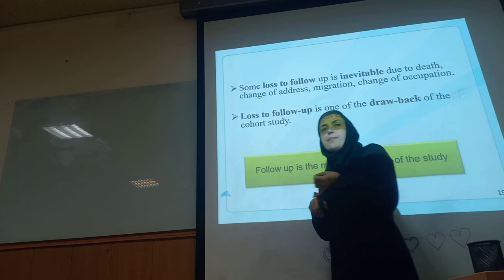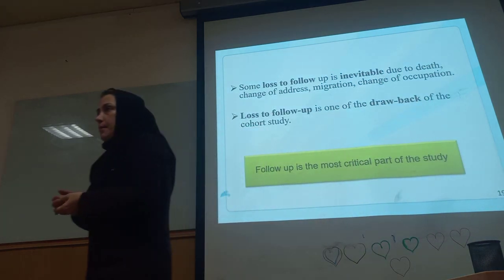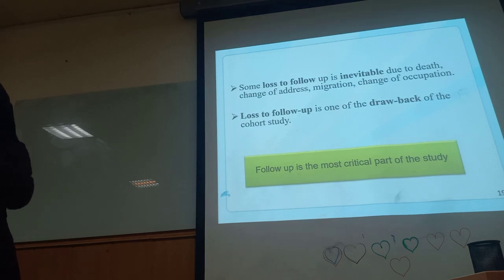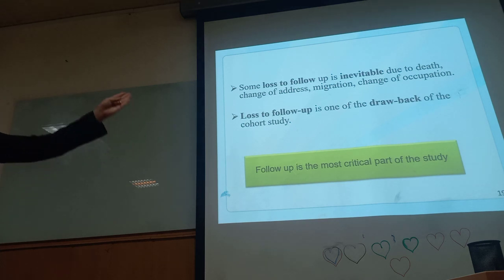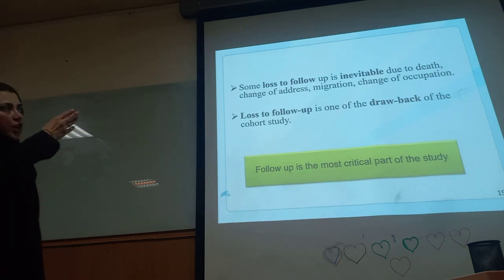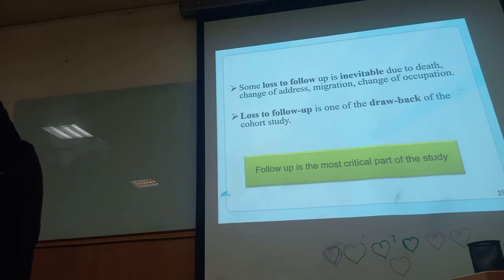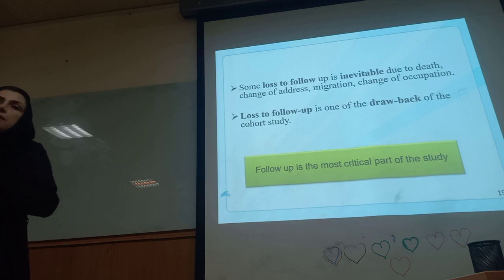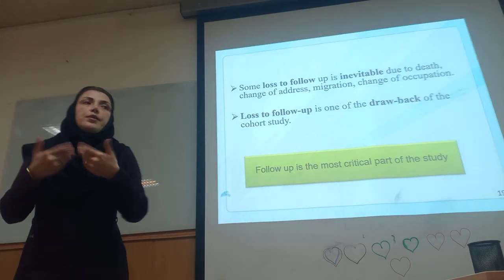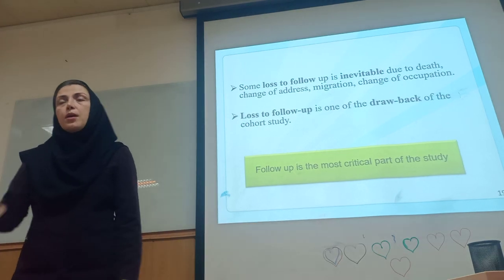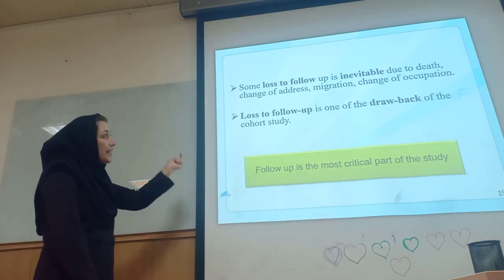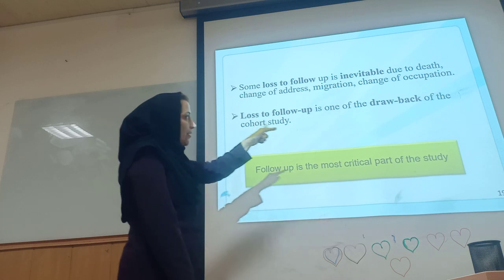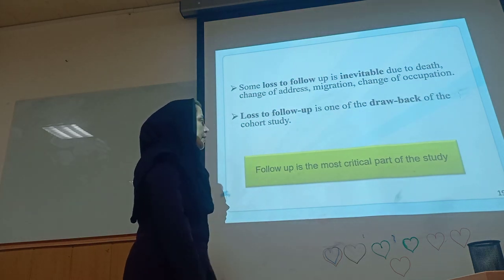Because some of them may die due to other causes, for example, migration, or change of occupation. For example, if the exposure is a certain type of job, the participants may change their jobs and they are not exposed as well. So, loss to follow-up is another drawback of the cohort study.